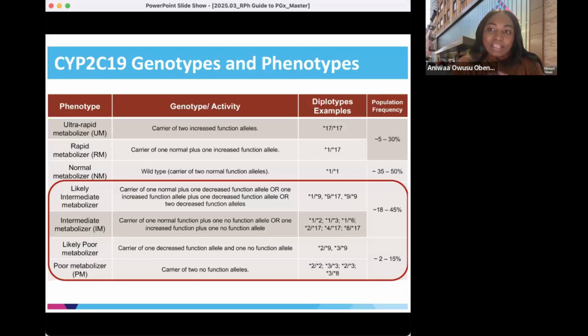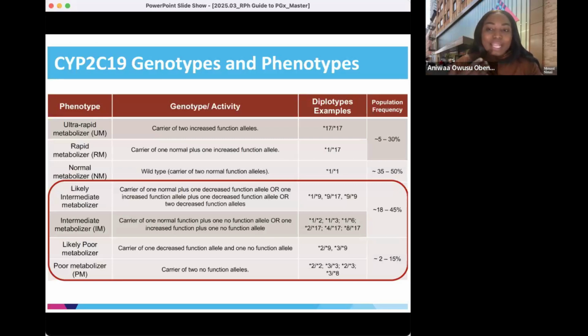And these are some example diplotypes to consider. But when it comes to the case of clopidogrel, we are mostly concerned with these phenotypes here: the likely intermediate, the likely poor, and the poor. Why? Because if you remember what we described with the bioactivation process, if you decrease the activity of the CYP2C19, most of the clopidogrel will not be converted into the active metabolite. Majority of it will go down the pathway of the esterases and get converted into inactive metabolites.